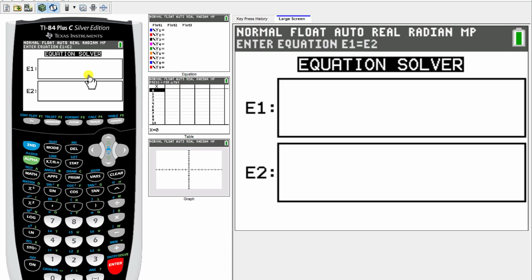I just hit enter to get there. Now it shows me the equation, and you'll notice it says E1 equals E2. There are two ways you can do this, but I'm going to follow the traditional format where one side is 0 and the other side is the equation. So I'm going to say x squared, so I have to enter my variable x, and then I have to square it.